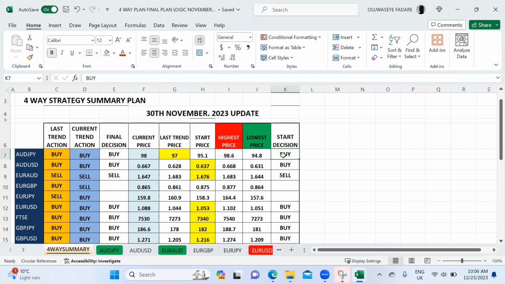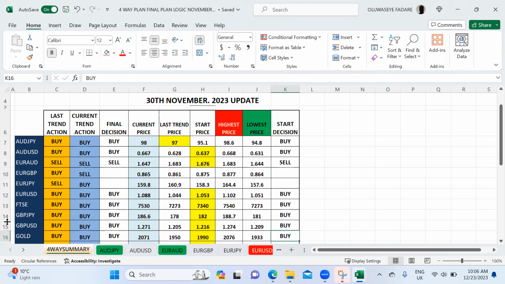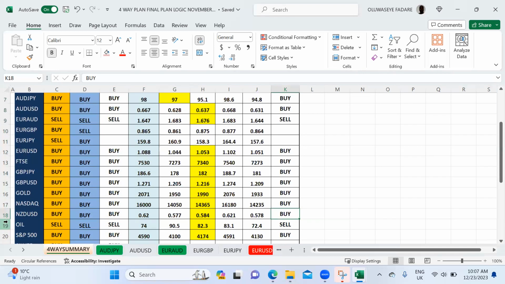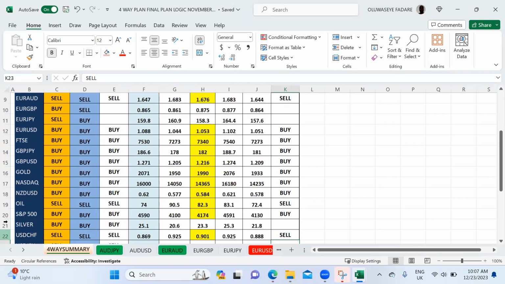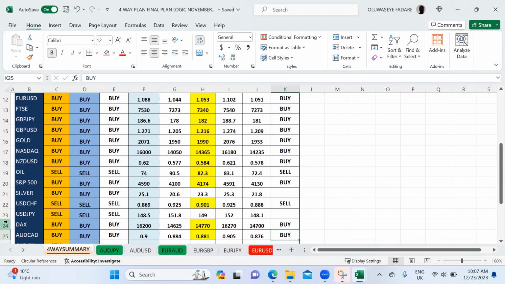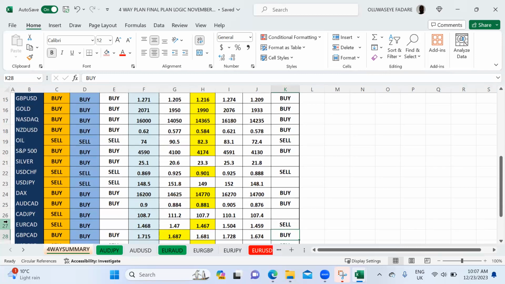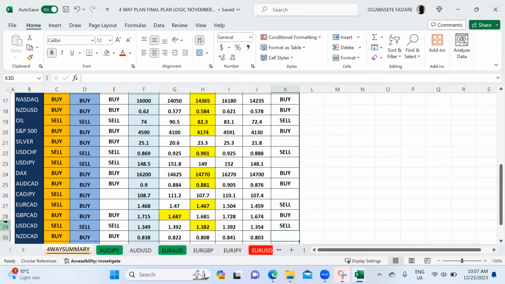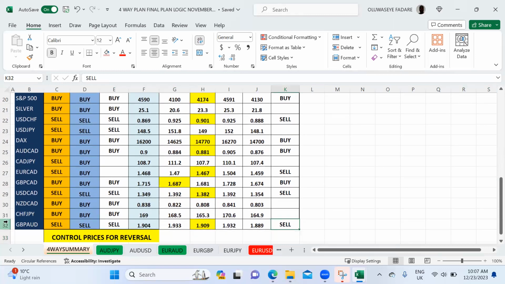So at the end of the month, we will now compare to see which of the prices remains the same, which of the decisions remain the same. So let's compare now. We have 1, 2, 3, 4, 5, 6, 7, 8, 9, 10, 11, 12, 13, 14, 15, 16, 17, 18.